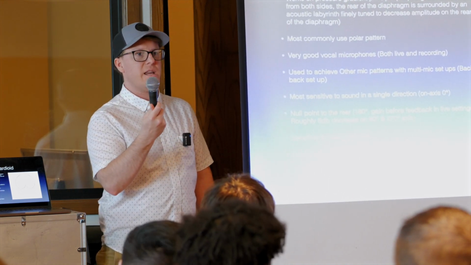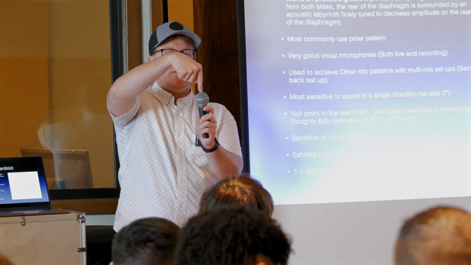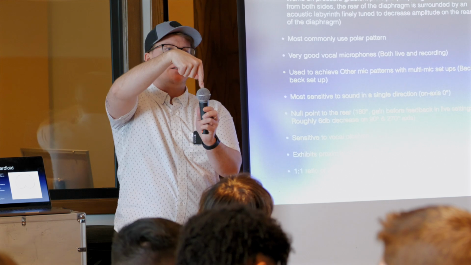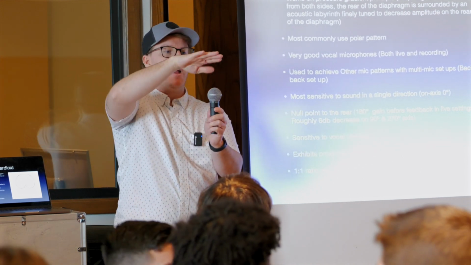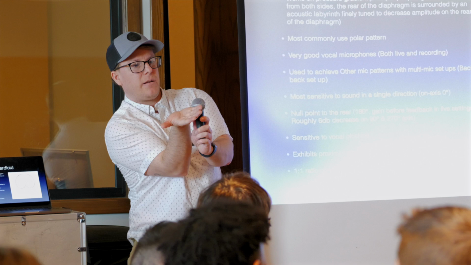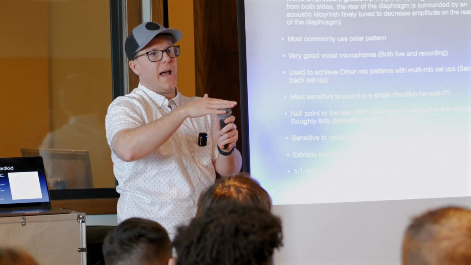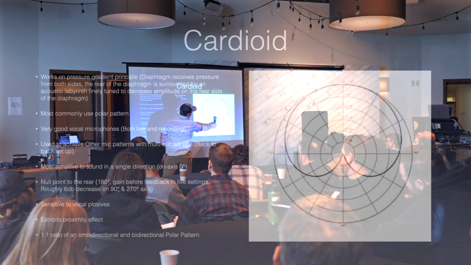This is an SM58. So the diaphragm is laying flat directly here. So the cardioid pattern of this microphone is going to encompass that area. So we're looking at that basically.